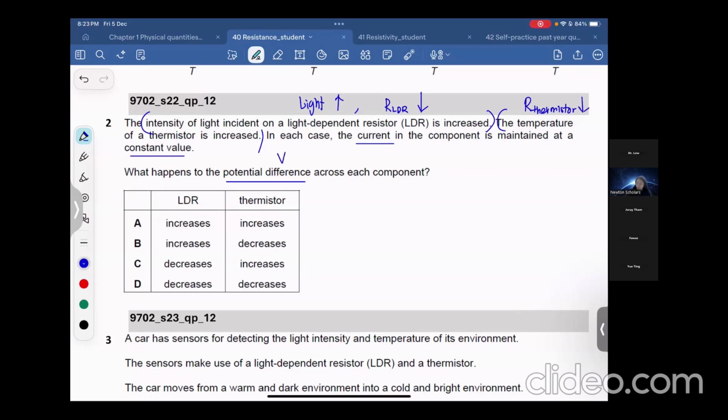What happened to your V? And some more, they tell you I is constant. What formula you use and do comparison to observe what happened to the V? What formula can relate? And then to compare. When R decreases, what happened to your V?